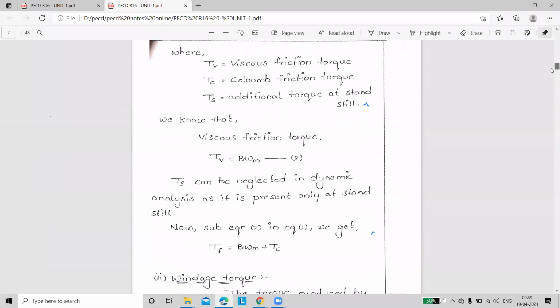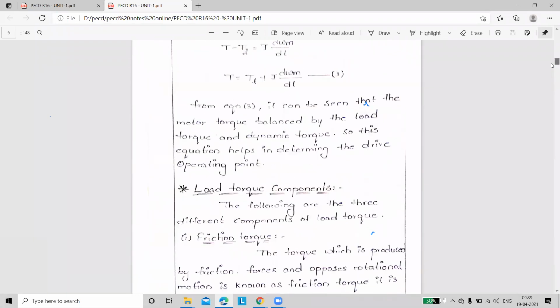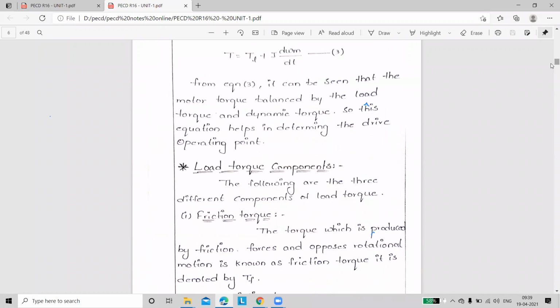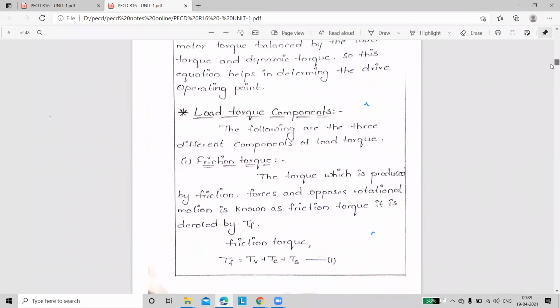Types of torques, load torque components. Have you completed this or not in your initial classes? What are the load torque components present for you? All of you please respond. Have you completed this or not? Okay, no problem. I think you have not completed this.